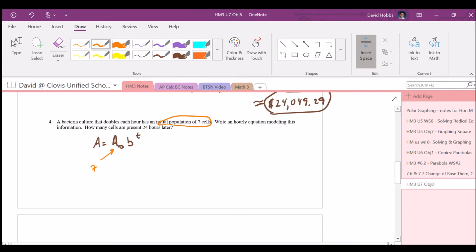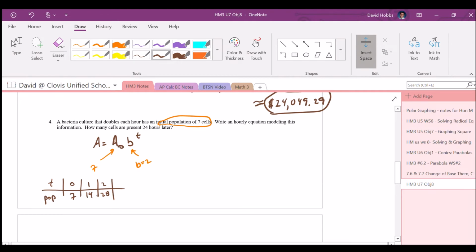It's doubling each hour. Hopefully you can see that if it's doubling each hour, B is 2. If that's not convincing you fully, then write out time and the population: at time 0, you have 7. After 1 hour, you have 14. After 2 hours, you have 28, and so on.